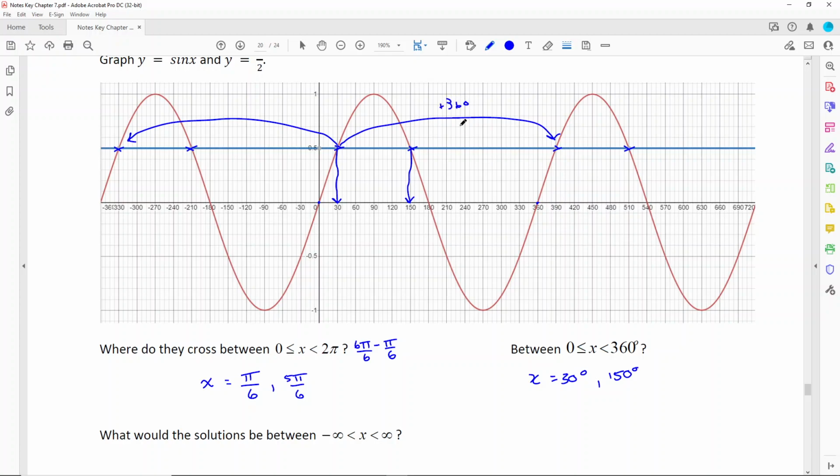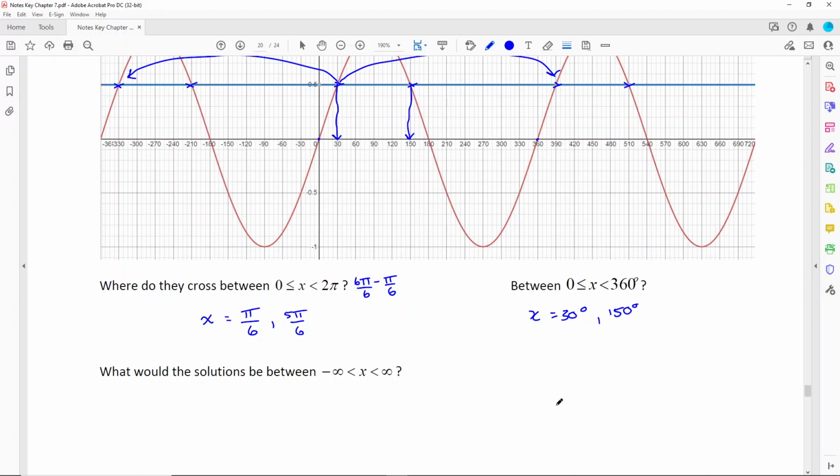So I could get all of my solutions in degrees by taking that 30 and adding 360. At least that would give me the next solution. If I wanted to add another 360, I'd get the other solution, so I'd have to add 720, or 360 times 2. Well, what if I wanted to go backwards? Instead of adding 360, I'd want to subtract 360.